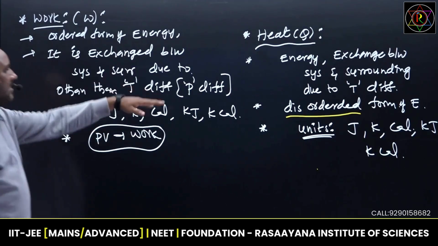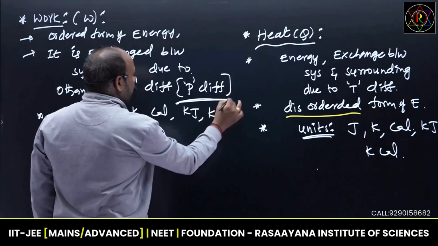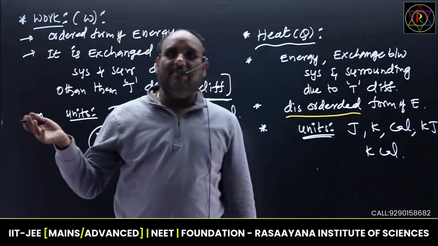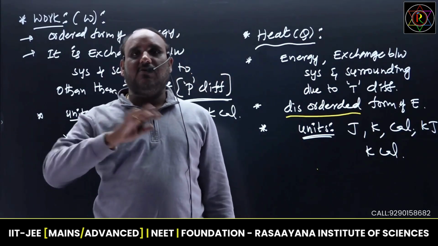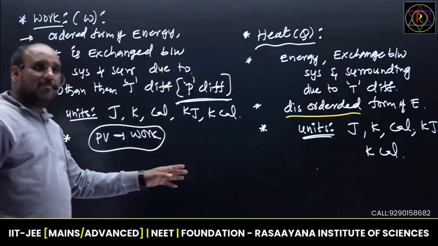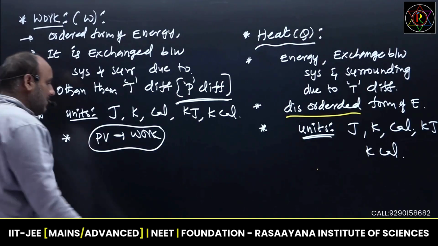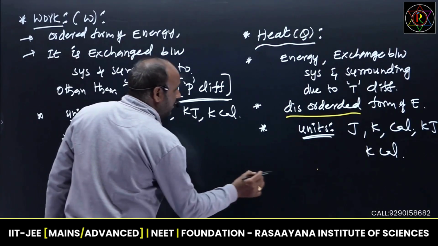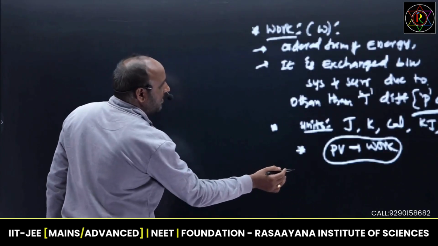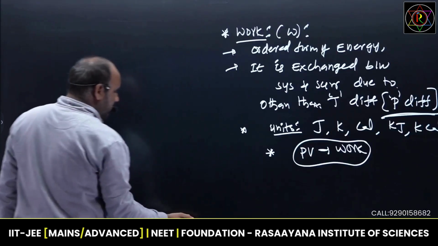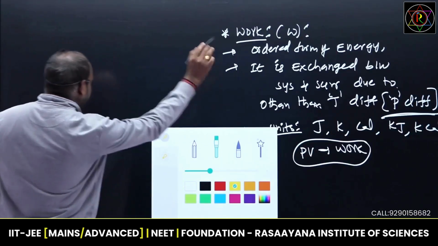Whenever there is a pressure difference, sometimes the system pressure will be more, sometimes the surroundings pressure will be more, and sometimes both have the same pressure. With the help of that, we'll see what notations are applicable for work. This is the definition of work. Similar to heat energy, we will get notations and terminology applicable for work also.